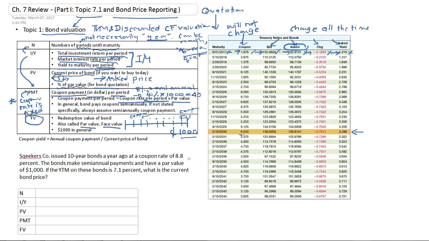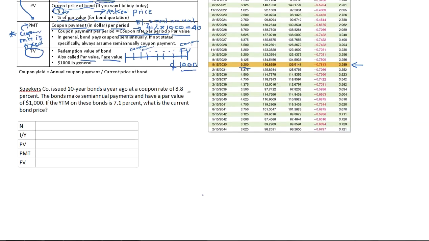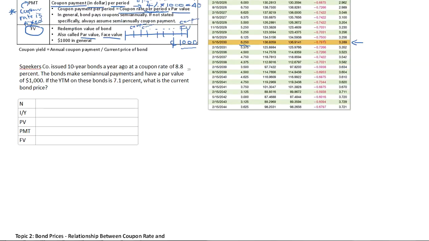When you look at this information, you'll see that this bond will mature at 5, 15, 20, 30.